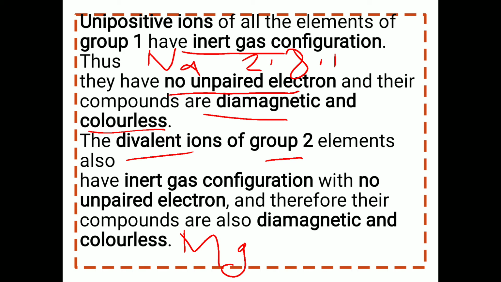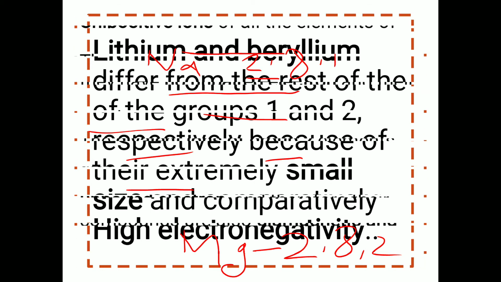Magnesium has atomic number 12 and electronic configuration 2, 8, 2. When 2 electrons are lost by Mg, the electronic configuration becomes 2, 8, which is the electronic configuration of neon, the inert gas configuration, in the case of Mg2+. And for sodium, the unipositive Na+ is 2, 8, the inert gas being neon, and as it contains no unpaired electrons, it is colorless and diamagnetic in nature.